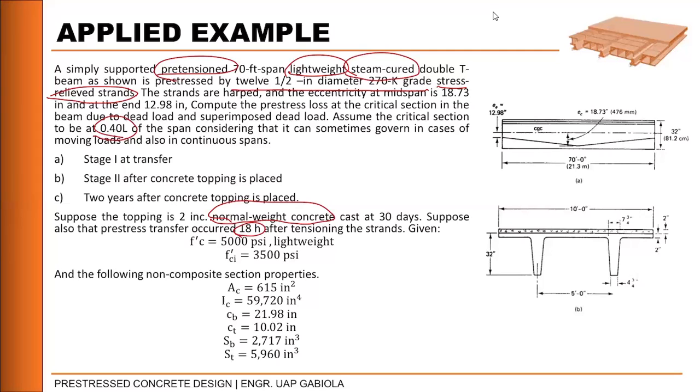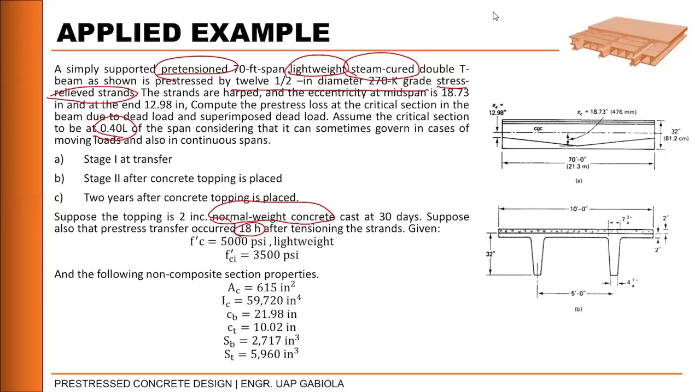Okay? So, continuing this, we will now proceed to sa second one natin, which is stage 2 after yung concrete topping natin is placed. Naka-indicate dito na suppose a topping of 2-inch normal weight concrete cast at 30 days will be constructed dun sa ating lightweight na T-beam, no?